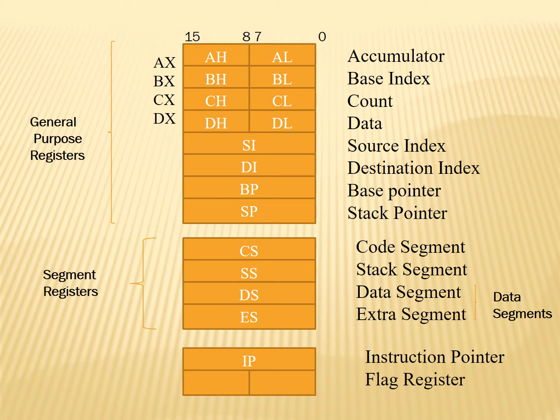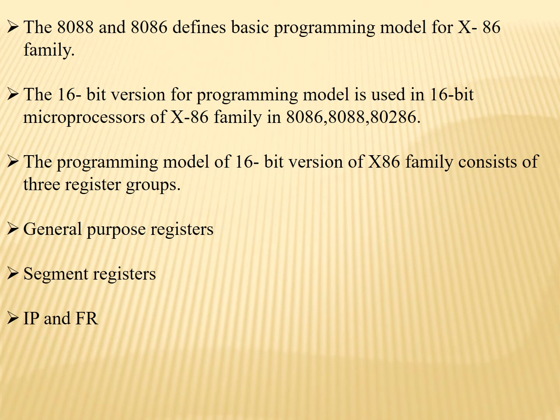Let us learn each group. The 8086 and 8088 define the basic programming model for the x86 family, because after the invention of advanced processors, these two were the first to be manufactured. First was 8086, followed by 8088. So 8086 and 8088 are taken as the base model for the microprocessors that were developed later on.